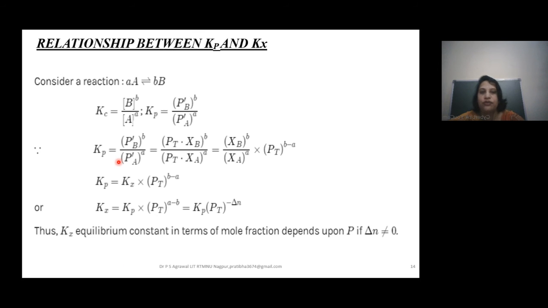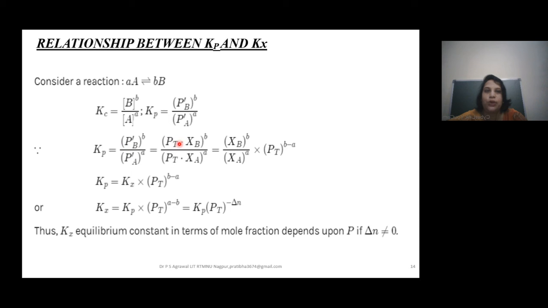Now the relation between Kp and Kx. Again, Kp is this. Now what is Kx? For the partial pressure, P dash is equal to total pressure P into X, the mole fraction. We know this.